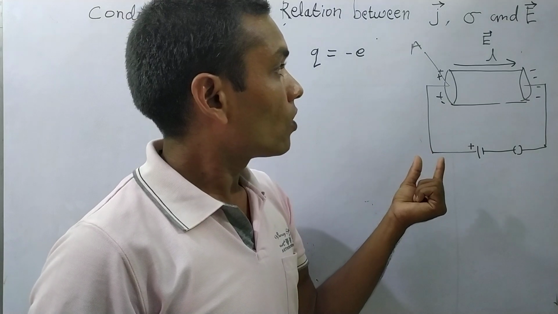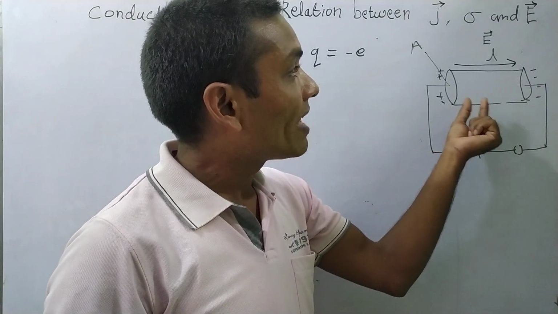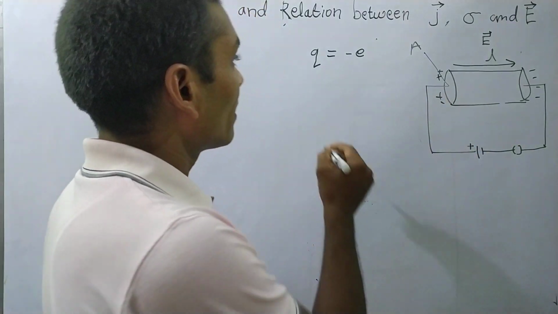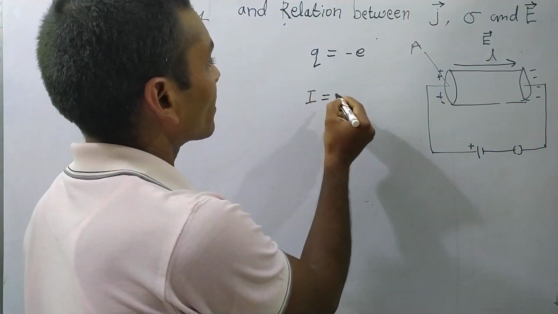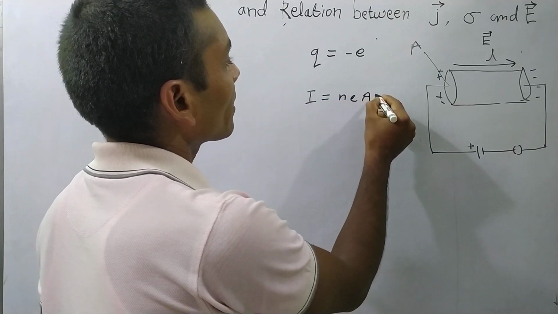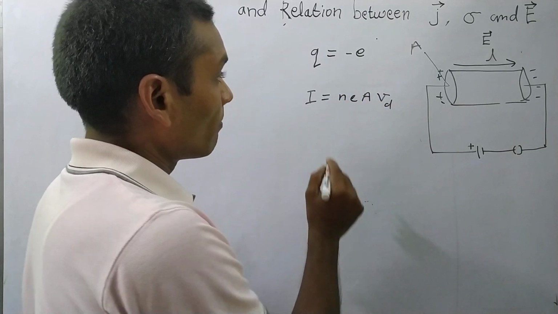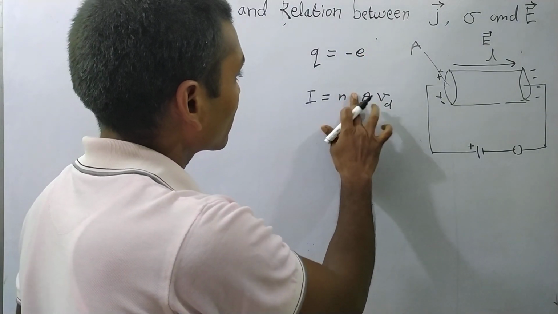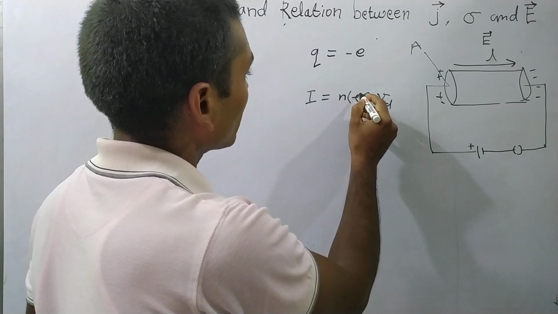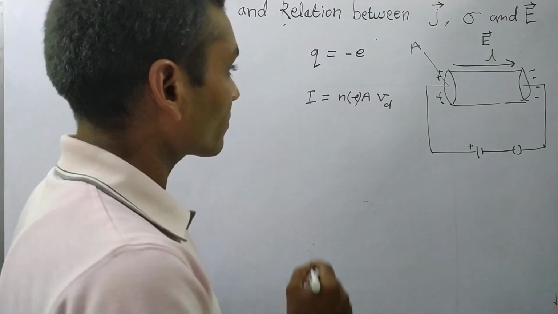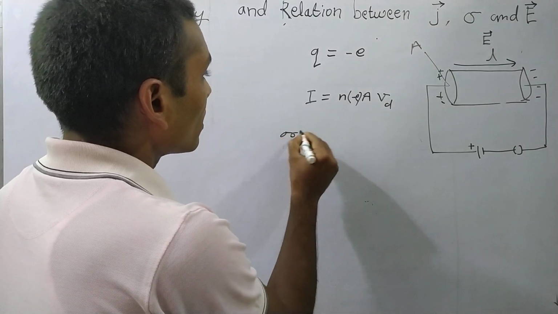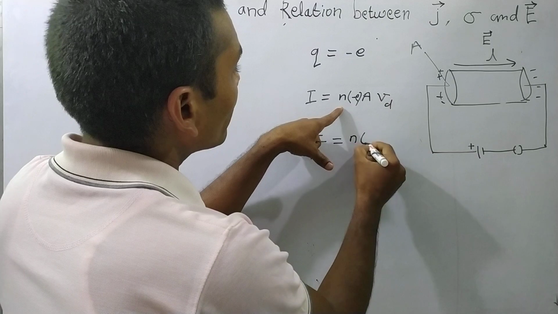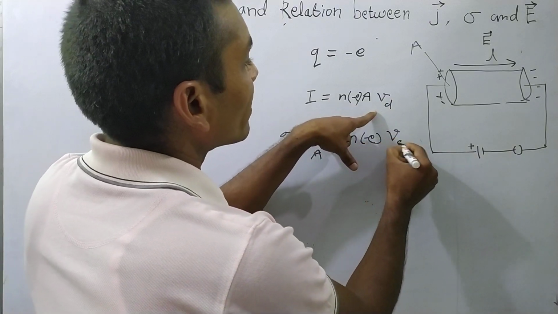The relation between the drift velocity of electrons and the current flowing through the conductor is I equal to n e A vd. But the charge of the electron is minus e, so minus e will be there. Or I upon A equal to n minus e vd.